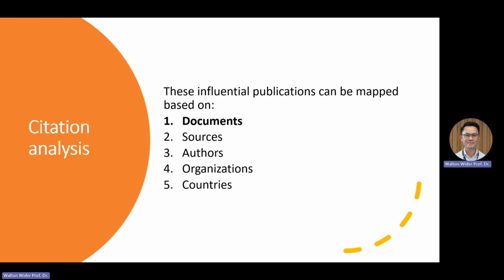And we can also map the organizations, looking at the universities, research institutes, or even corporations associated with the publications. And we can also map the countries. We analyze the countries from which these publications originated. All right. We can also highlight which regions are contributing significantly to the field.